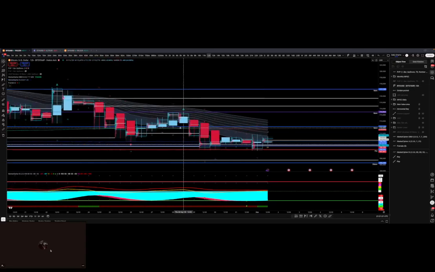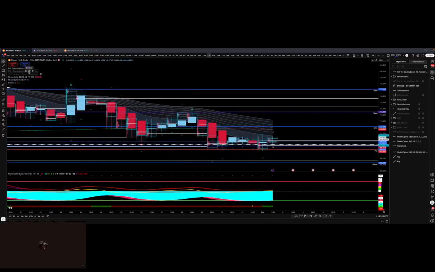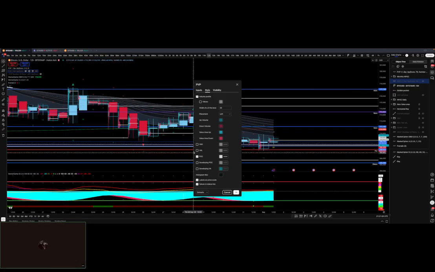Okay, it did it. All right. So yeah, I think in the settings you gotta probably show the POC, price label, volume profile, placement left.